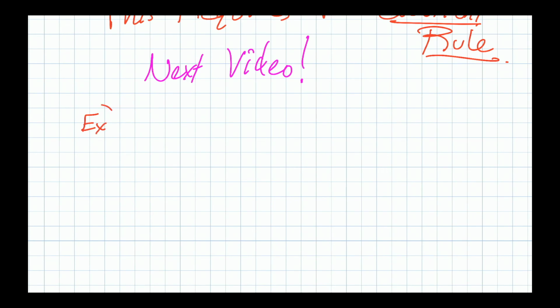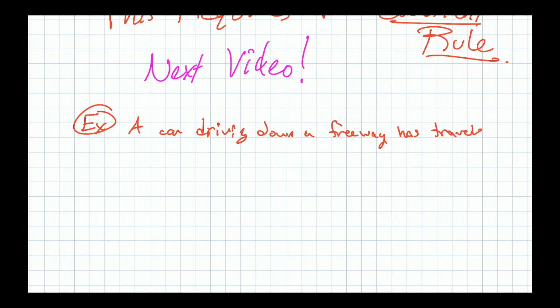So here's a different velocity problem. They say a car driving down a freeway has traveled s of t equals t cubed minus 6t squared plus 9t meters in t seconds.